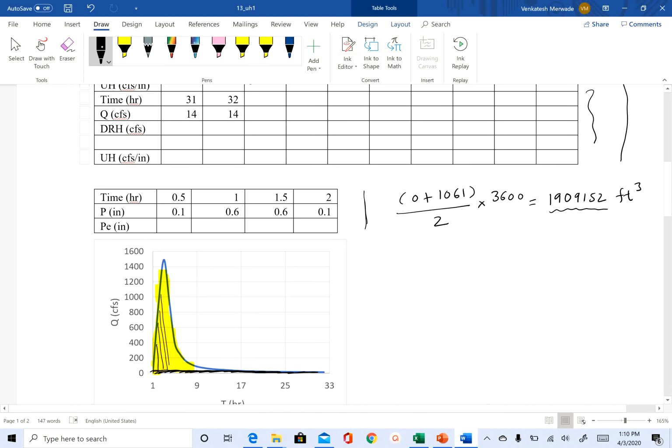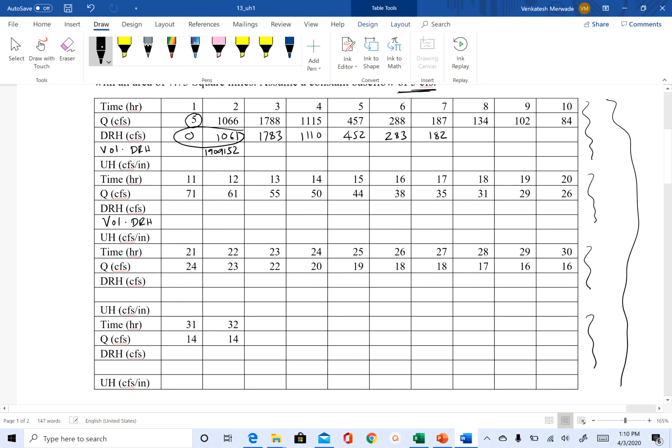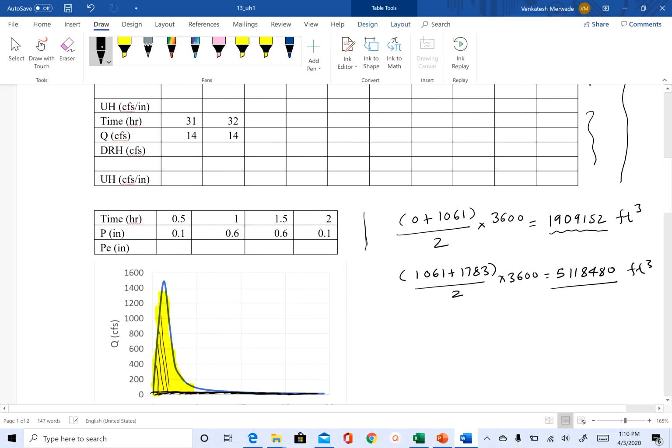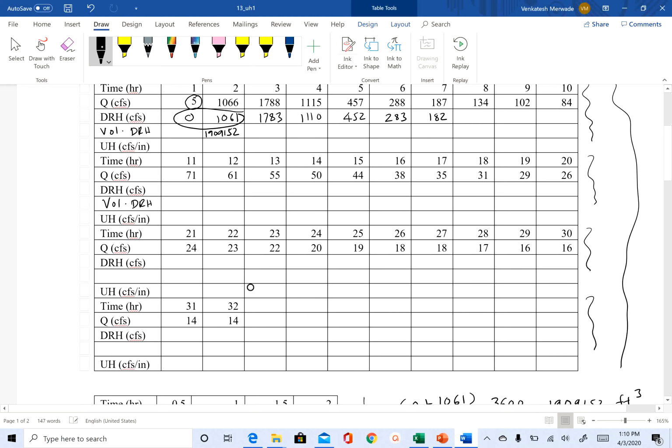So for the next trapezoid we have 1061 plus 1783 divided by 2 times 3600, and that comes to 5118480 cubic feet. Okay, then you can do the same for all these other rows.